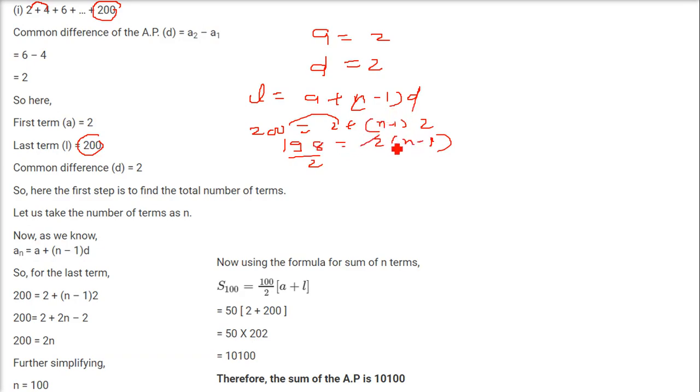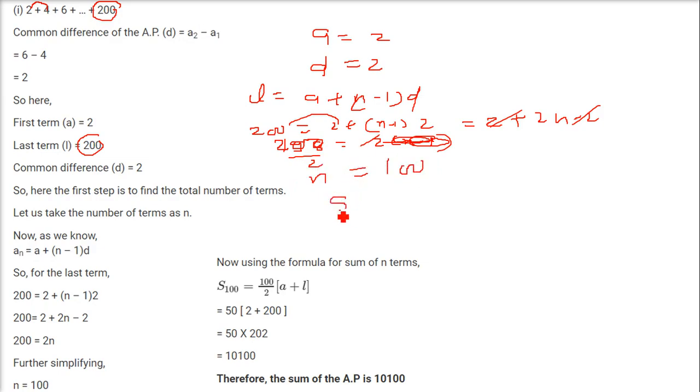So it is going to be, okay, see, I'll just open it so that 2 cancels out. So 2 plus 2n minus 2. So now we can divide just 200 by 2. So no need to do this. 200 by 2 is 100. So n is 100, that is there are 100 numbers.